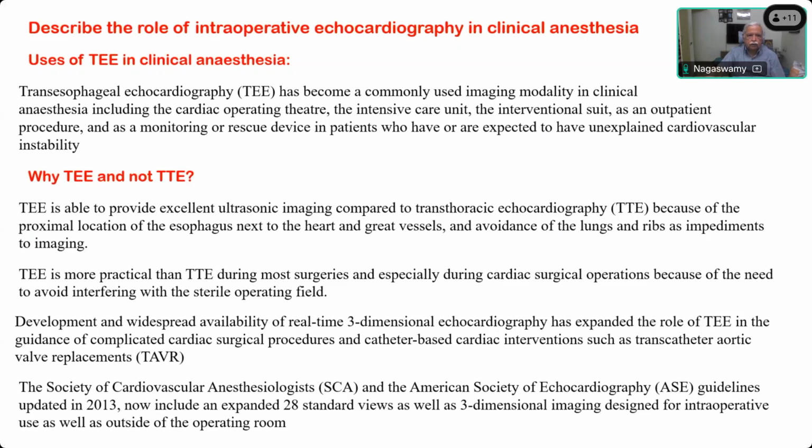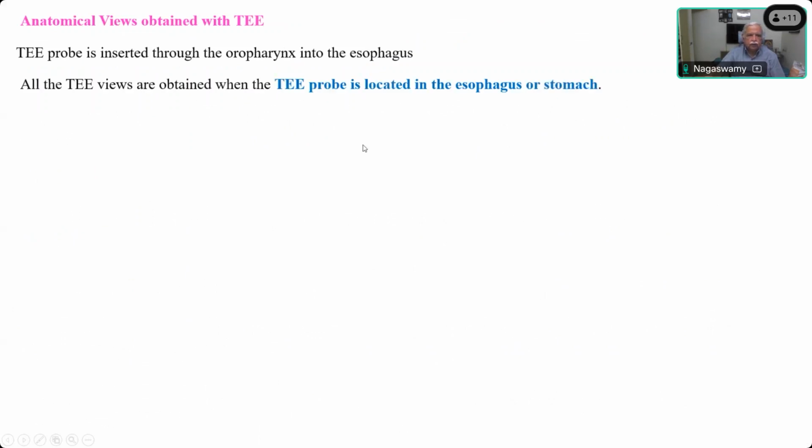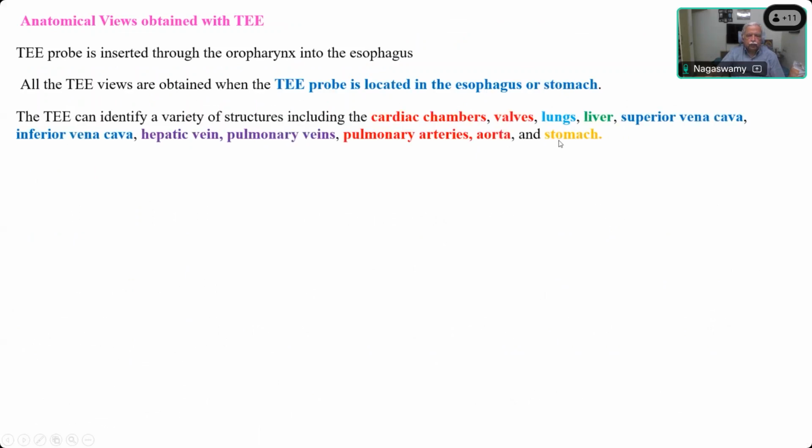So you get very expanded, detailed views of the heart and the great vessels using transesophageal echocardiography. Now, the anatomical views that you can obtain: the probe is first inserted through the oropharynx into the esophagus, and the TEE views are obtained with the probe located in the esophagus or in the stomach. You can keep it in the mid esophagus or advance it into the stomach. So you have mainly four views, which I will tell you later.